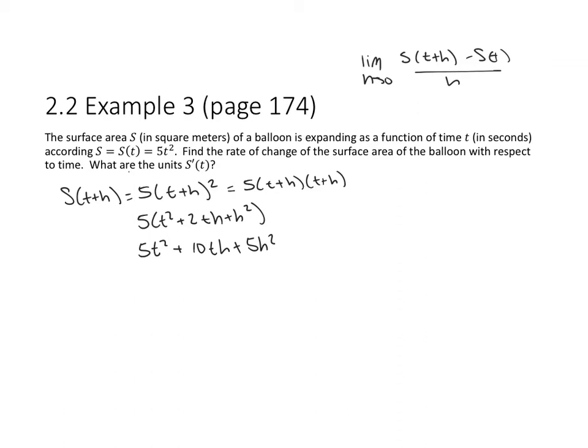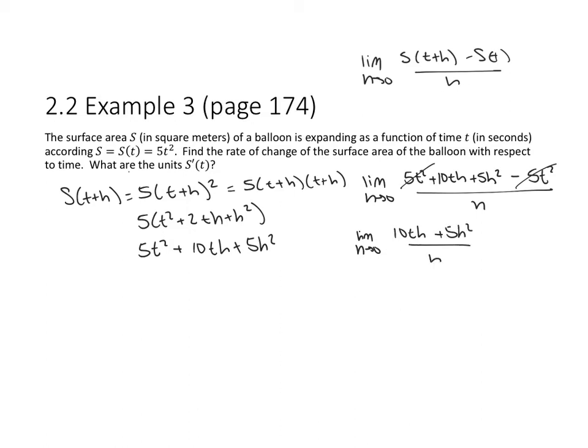All right, so let's take our limit formula. The limit as h goes to 0 of 5t squared plus 10th plus 5h squared minus 5t squared all over h. And now my 5t squareds will cancel. And I have my limit as h goes to 0 of 10th plus 5h squared all over h.